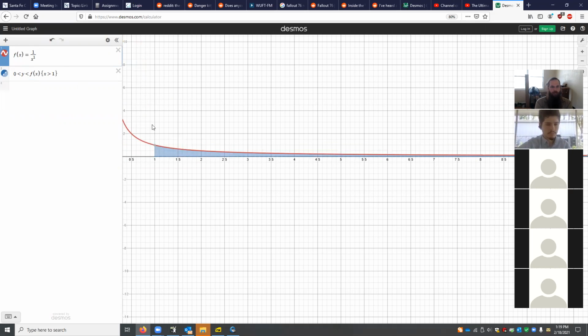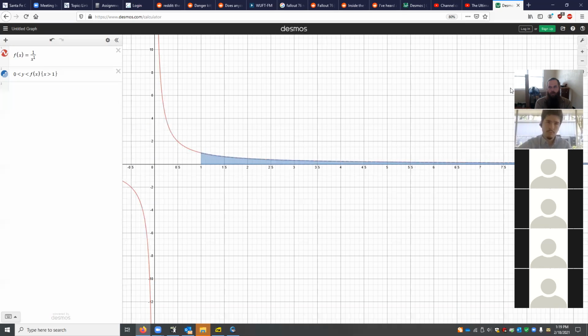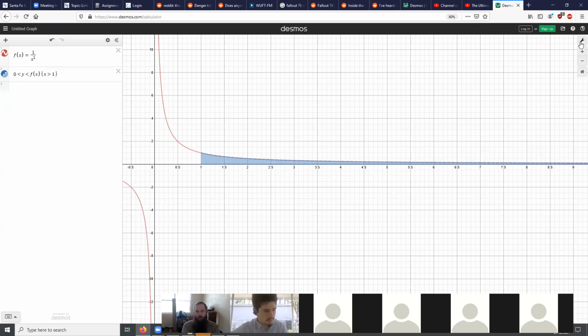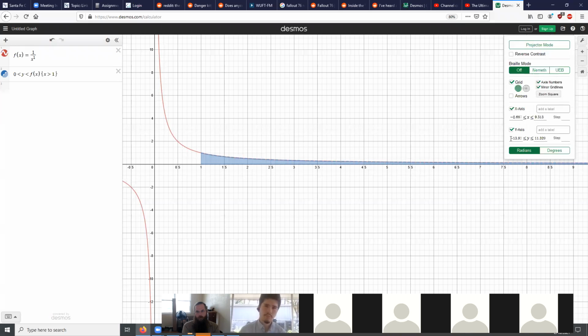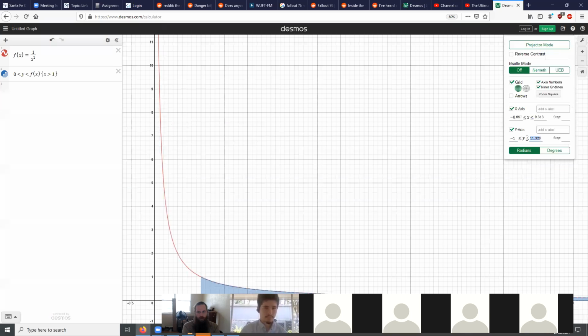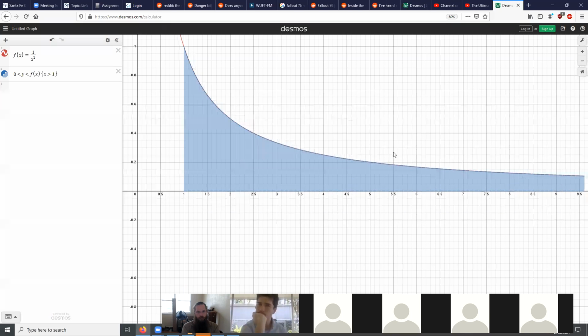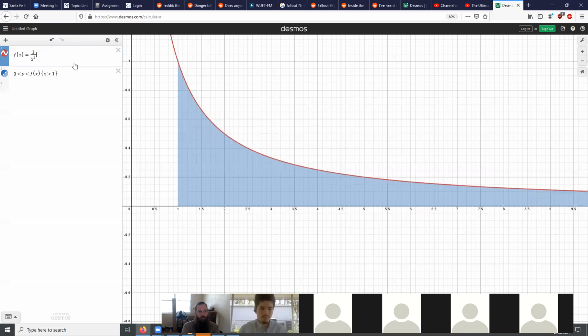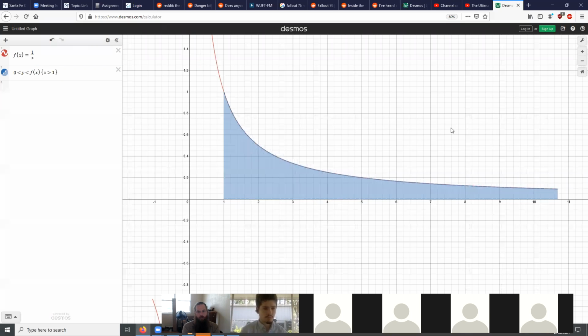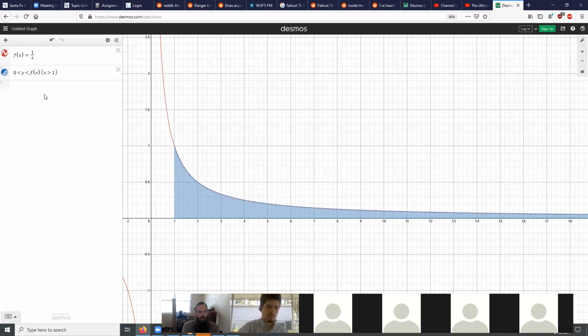We made the observation, or we did the calculation last time, to show that the integral on the page now is divergent, right? We saw the integral of 1 over x from 1 to infinity. This is a divergent integral. And we noted that 1 over x squared lives beneath that.